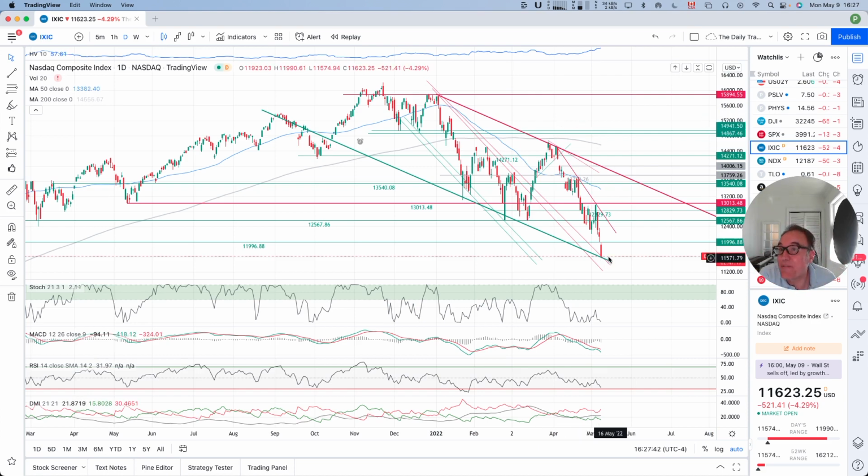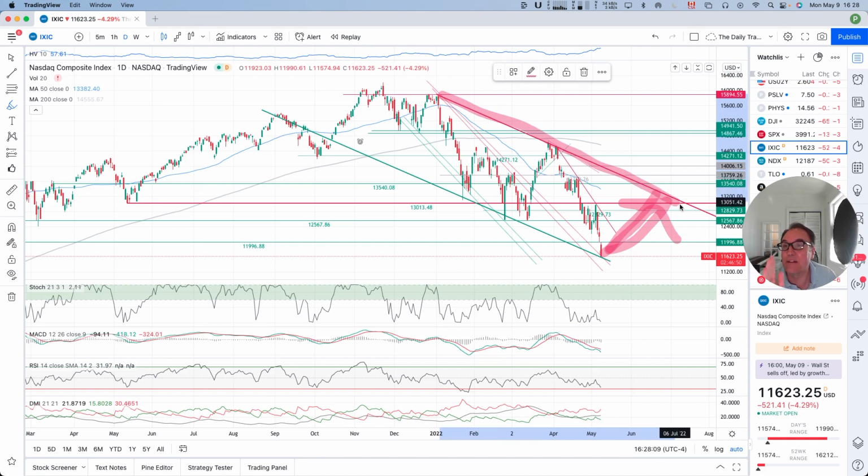So we might have a bounce here because we have reached the support. But as I mentioned, if we don't cross this resistance right here, then we are going to go back further. It's possible that we go and bounce up to this point or up to this other resistance right here. But until we break this big downward resistance, we are still in a downtrend.